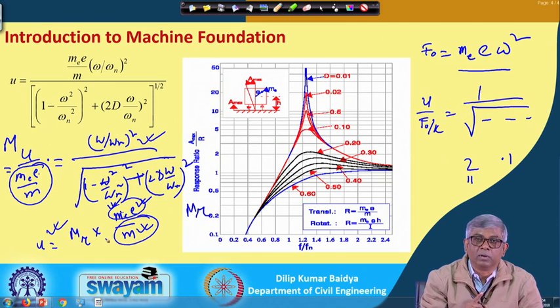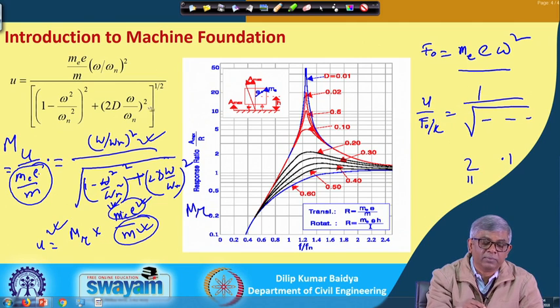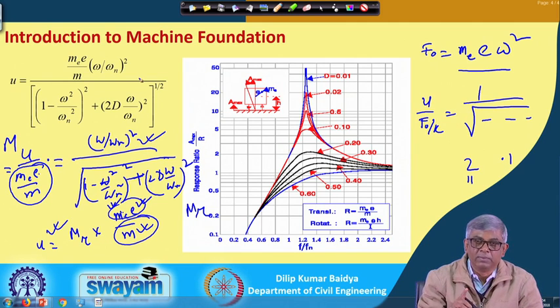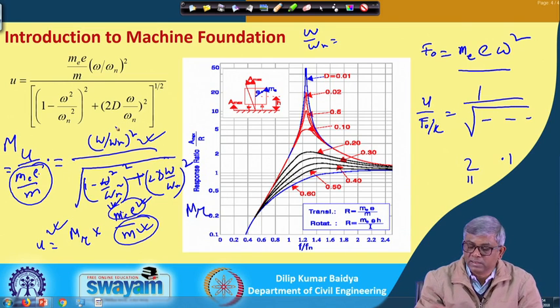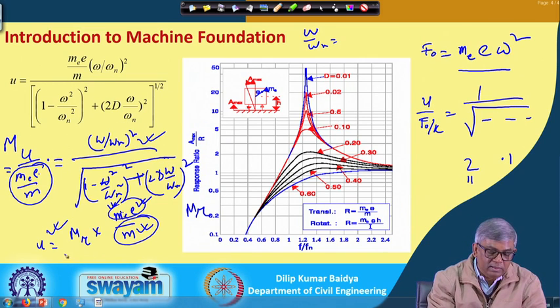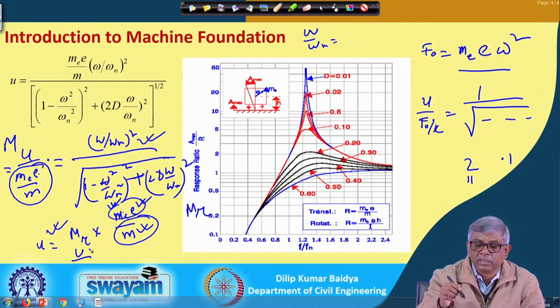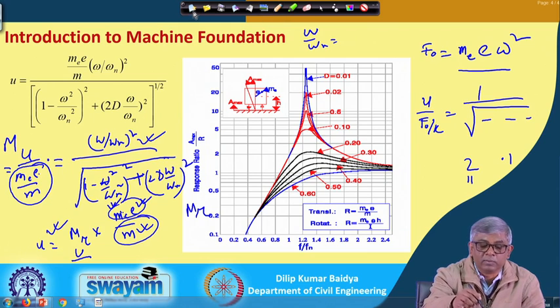This is the expression with the variation of frequency, but if I want to find out at what frequency the amplitude will become maximum, you will find that omega over omega n equals some frequency ratio, and if you substitute that frequency, then u max will be, let me clean and do once again.